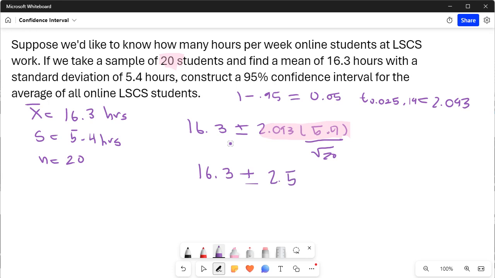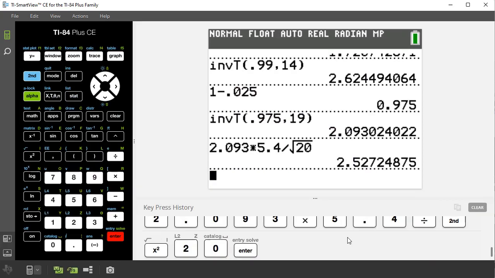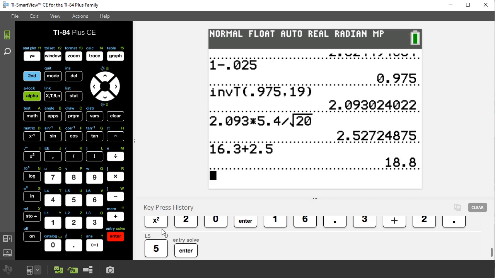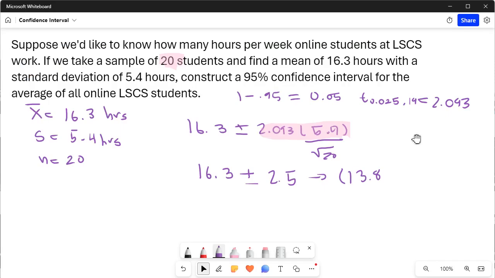When we compute this, we find that 16.3 minus 2.5 gives you 13.8. And similarly, if we take 16.3 and add the 2.5, you get 18.8.